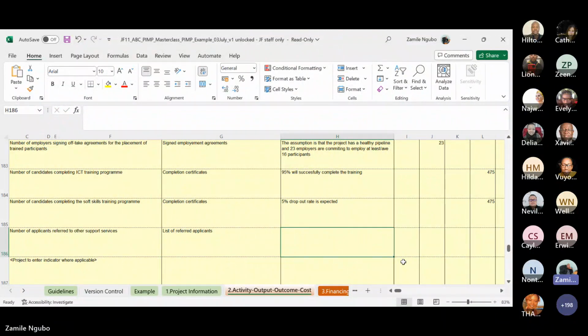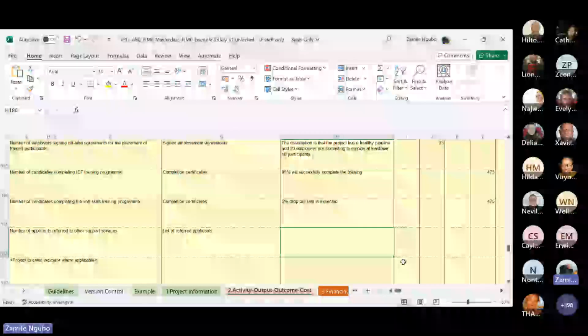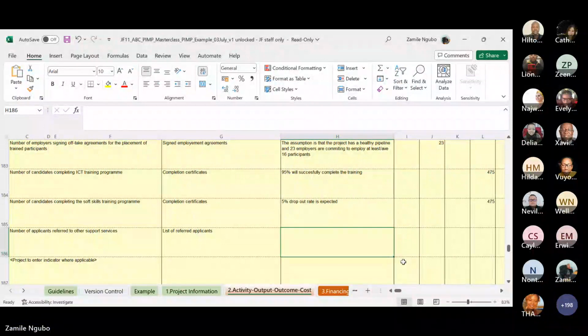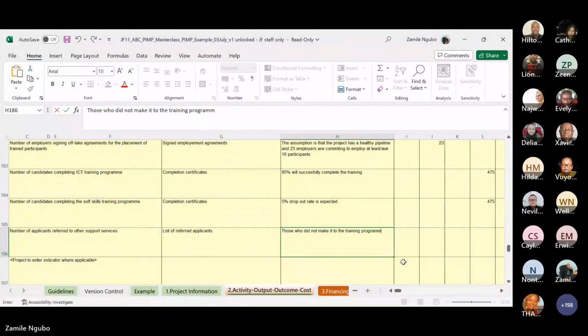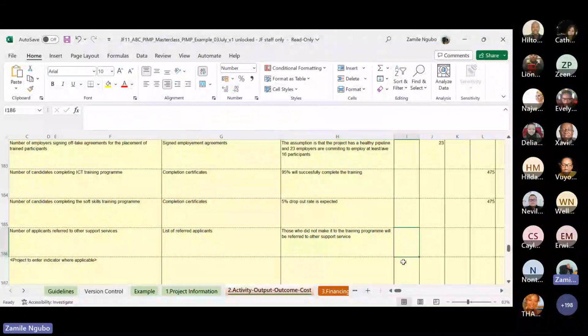So it is expected that those who were not selected for the ICT program will be referred to external support services, and it is 250.